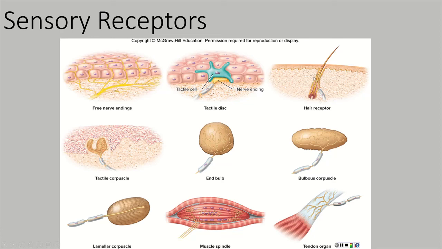And the third type of unencapsulated nerve ending is a hair receptor. So again, we're looking at the skin. We can see the neuron comes up, and then the sensory part of this neuron surrounds this hair follicle. And when something moves this hair, it's going to slightly move this hair follicle.